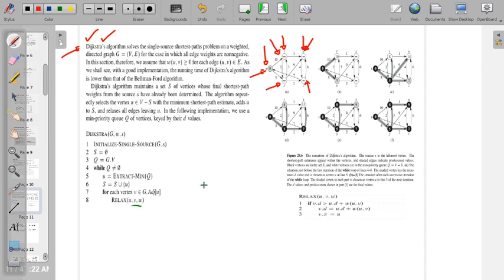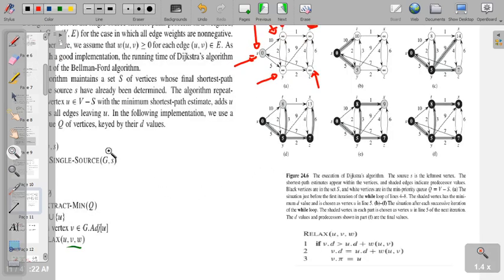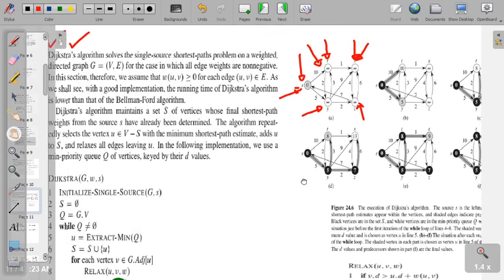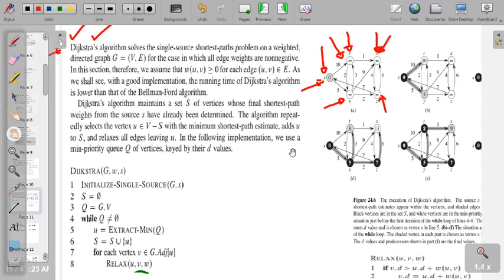So you have got this graph. And you see this, this is the source node. So this is our source node. And how to find out?